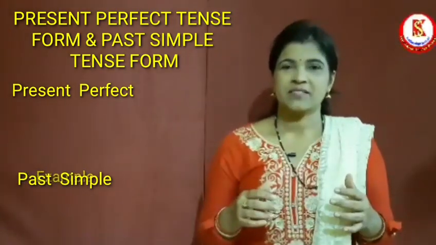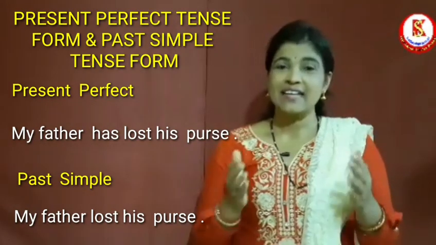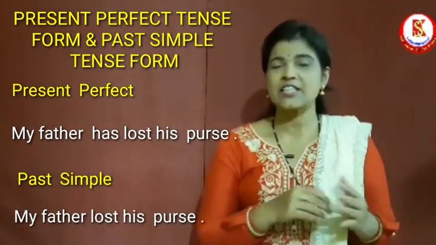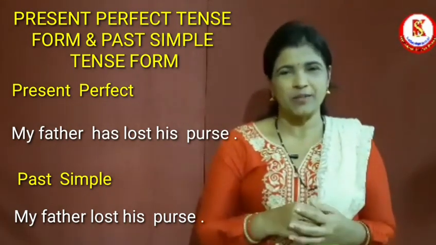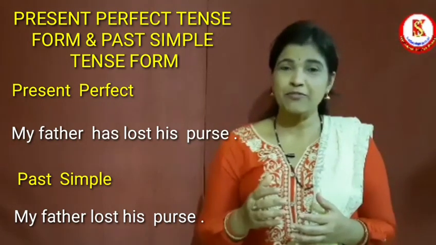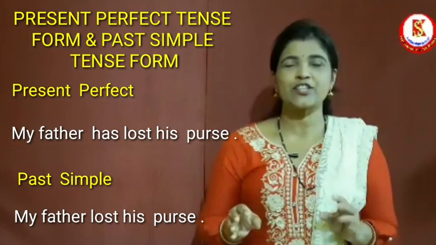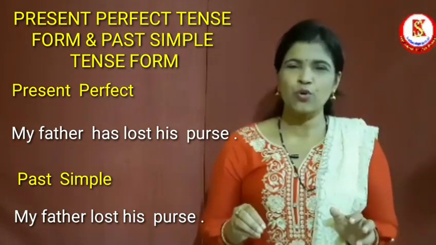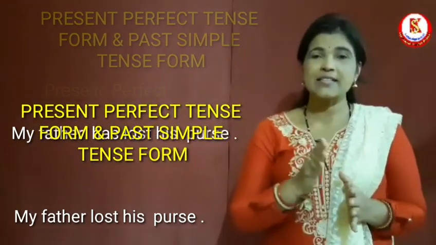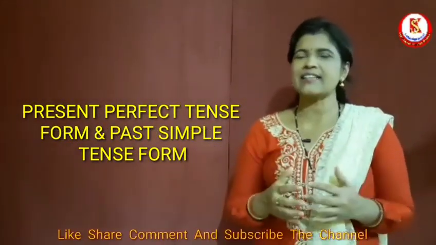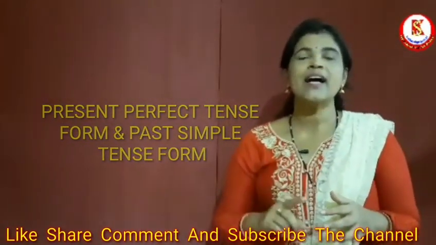For example, my father has lost his purse. That means my father is searching for his purse and there is a hope in his mind that he will get the purse. But if we say my father lost his purse, that means the searching is already over and there is no hope of getting it. So these are the basic differences of present perfect and past simple. Another thing I want to say, the difference between have been and have gone.